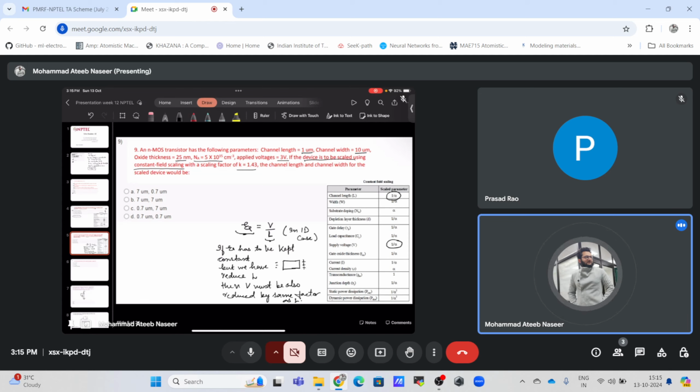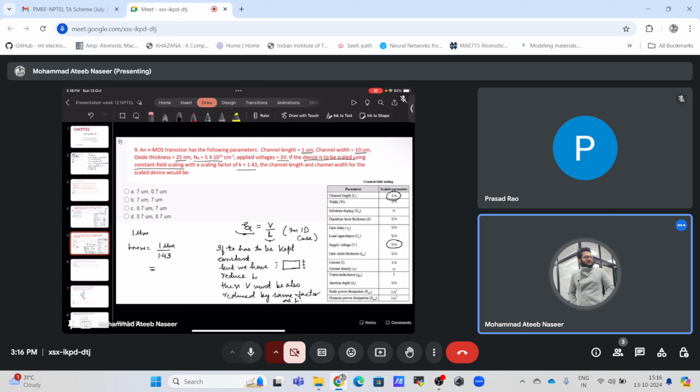So it says that we have to find the channel length for the scaling factor. If the previous channel length was 1 micrometer, the new channel length will be simply 1 micrometer divided by 1.43. Let me go to the calculator.